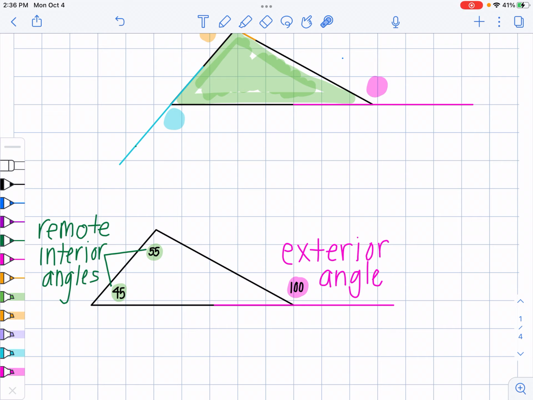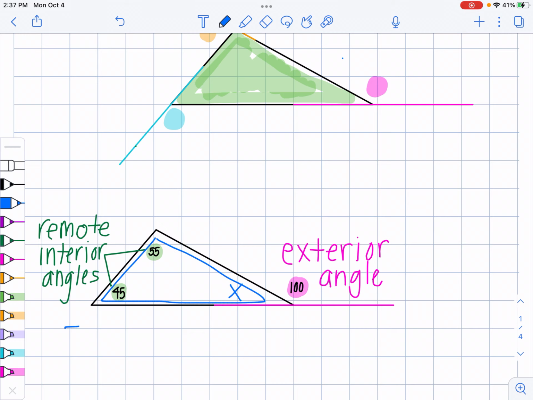So I just want to go through a little example so that we can see how these 2 are related. We know we're going to use that all the angles in a triangle add up to 180 degrees. So if I wanted to find this missing angle right here, I can use the fact that all these in the triangle add up to 180 degrees.